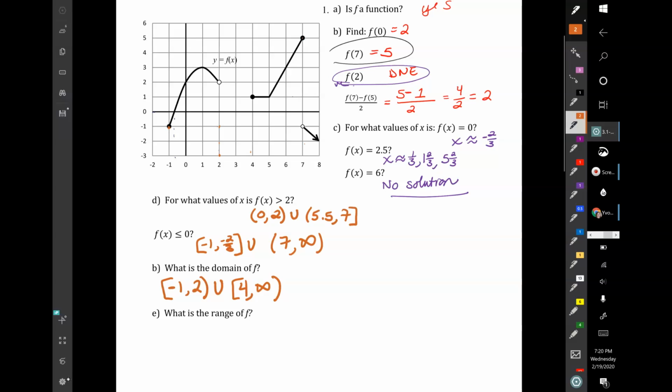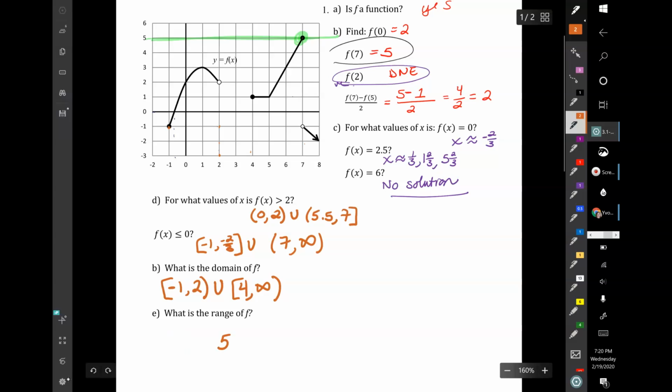So if I am starting, look at my highest point up here, right? So that's my highest point, is that 7, 5. So we have a y value of 5 is the highest, and it's actually included, solid dot. I'm just going to write this a little further over.